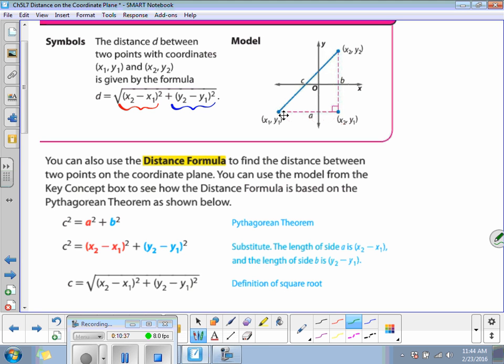So x of 2 minus x of 1, and then we're going to square it. To get the b, right there, we subtract the y values. Y sub 2 minus y sub 1, and then we square it. You see?